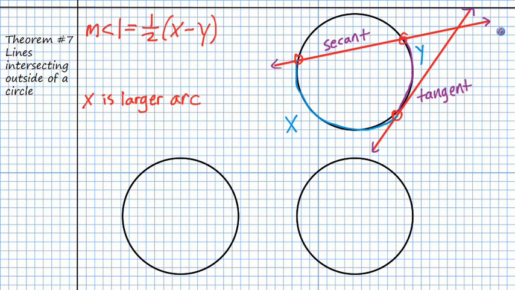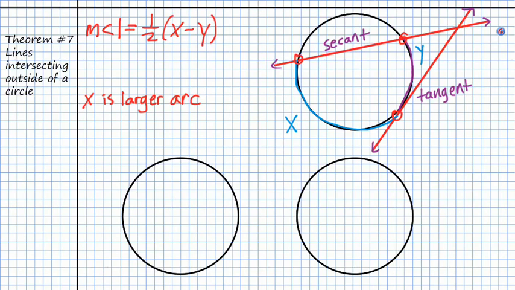So that'll determine where your arcs will be separated by, is where the lines pass by the circles. So this is one situation where this will occur. You will apply the measure of angle 1 is equal to 1/2 X minus Y if you have an intersect between a secant and a tangent that's outside a circle.